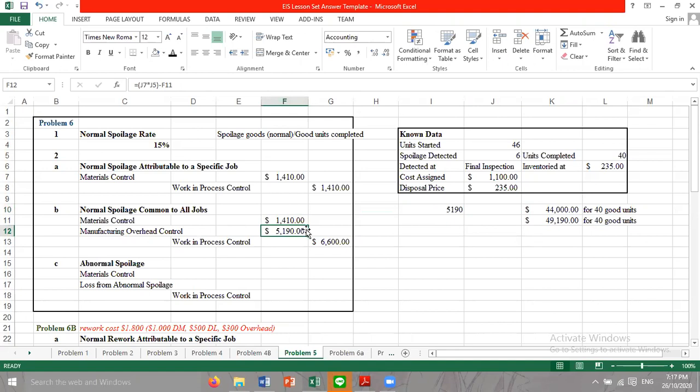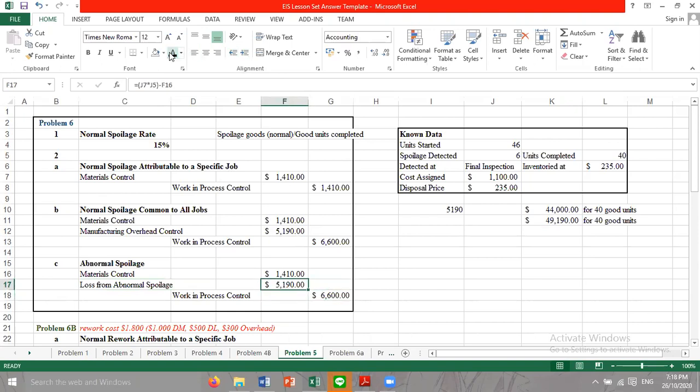How about abnormal spoilage? Same journal, and practically the same amount as scenario B, except that instead of manufacturing overhead control, we expense the loss in value to loss from abnormal spoilage.